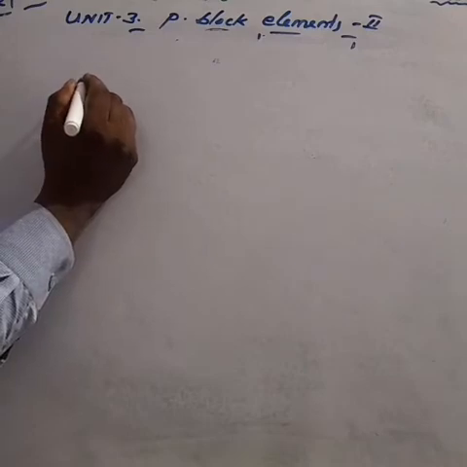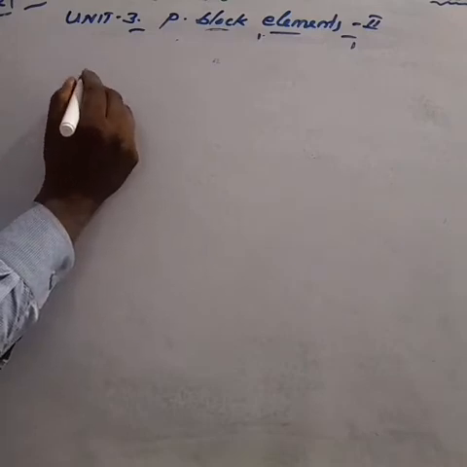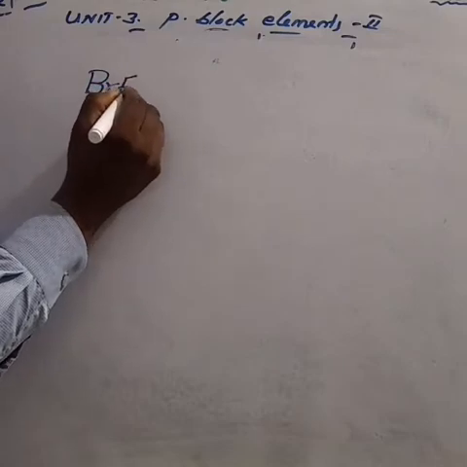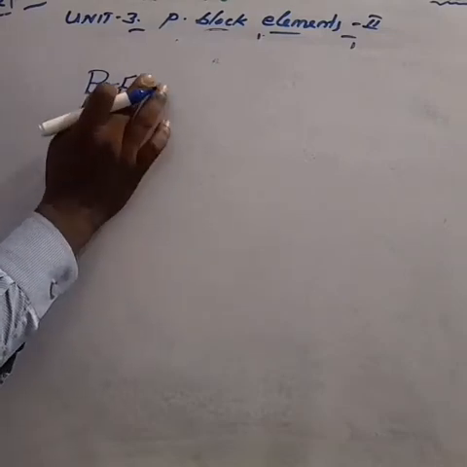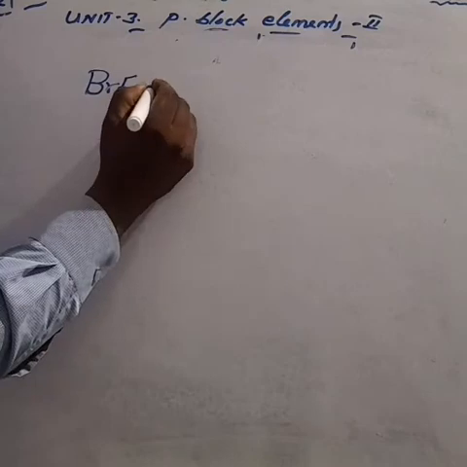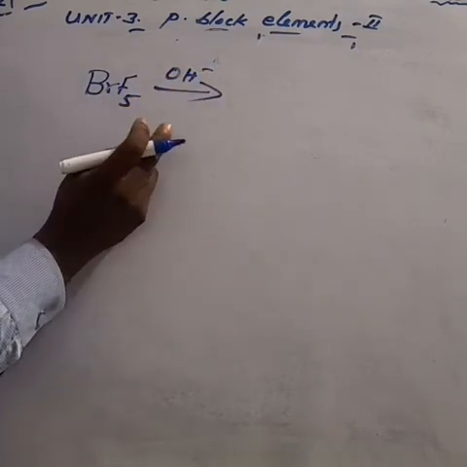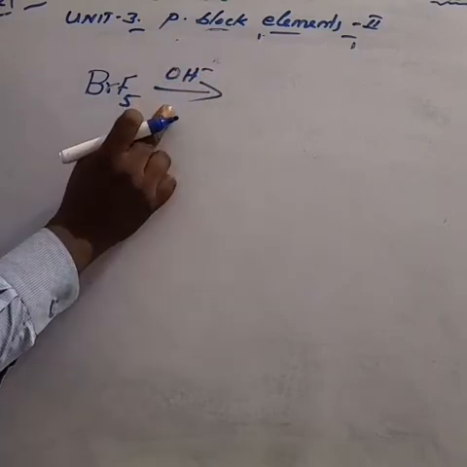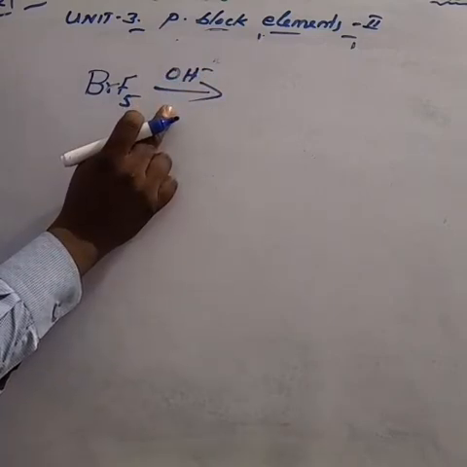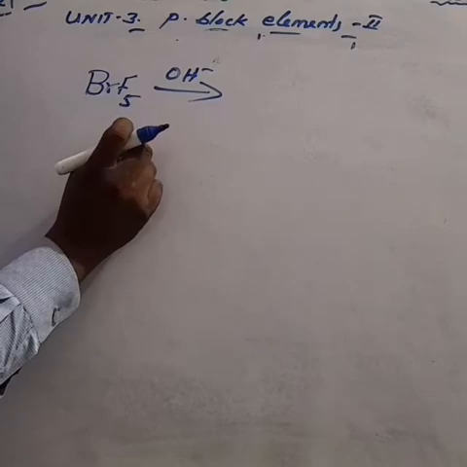Here, BrF5. This BrF5 is heated with one of the alkalis, maybe sodium hydroxide or potassium hydroxide. I am taking one of the alkalis, simply writing OH minus. That means it refers to an alkali.